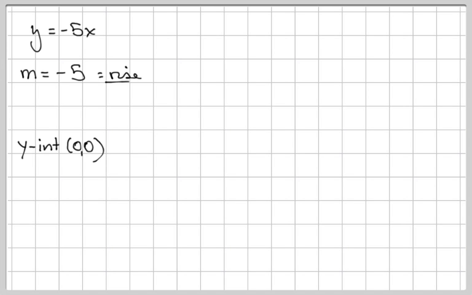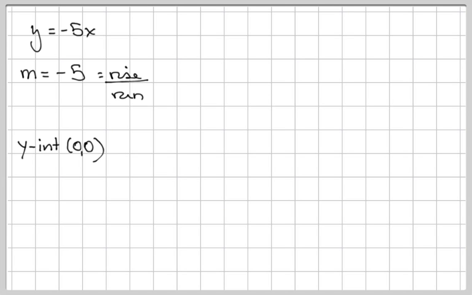Let's take a look at y equals negative 5x, and we know that the slope is negative 5, and we also know that the y-intercept is 0, 0. So if we graph this using the new method that I'm about to show you, we're using the slope and the y-intercept. Now, remember, another definition for the slope is rise over run.